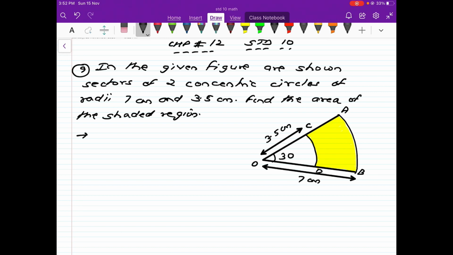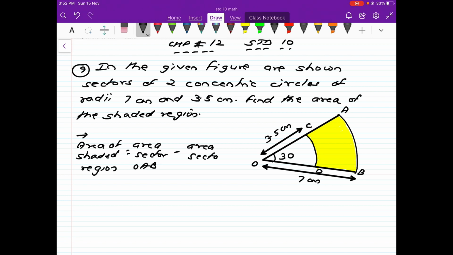So it can be seen that there are two sectors. If we subtract the area of the smaller sector from the bigger sector, you will get the area of the shaded region. So the area of the shaded region is equal to the area of the bigger sector OAB minus the area of sector OCD.